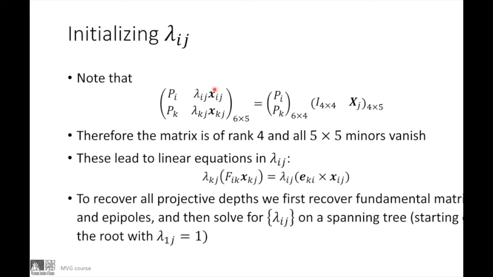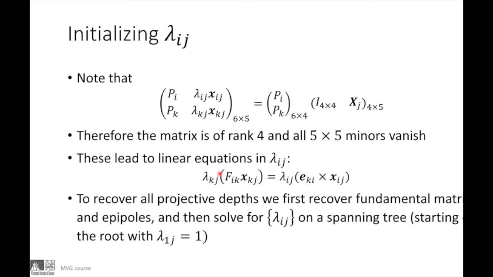Such a determinant, when you open it by this column, you take an entry from this column times the determinant of a 4x4 matrix taken from the camera matrices. Such 4x4 matrices, that's what we saw in the previous slide, give you entries of Fik, the fundamental matrix, or of the two epipoles, Eki and Eik.